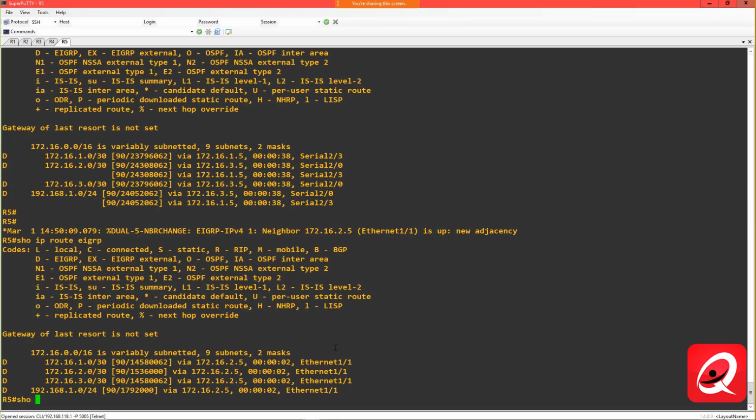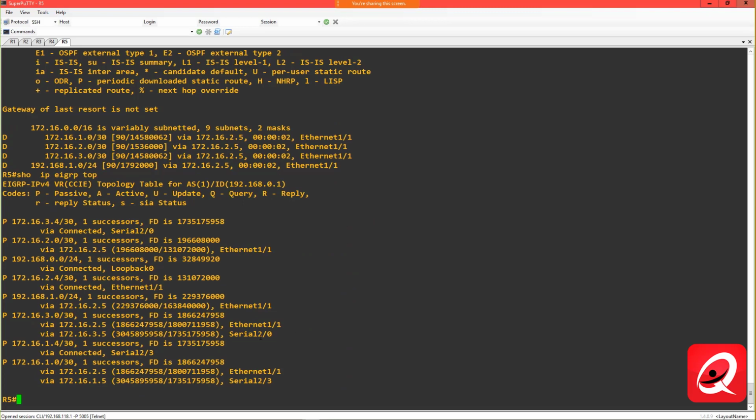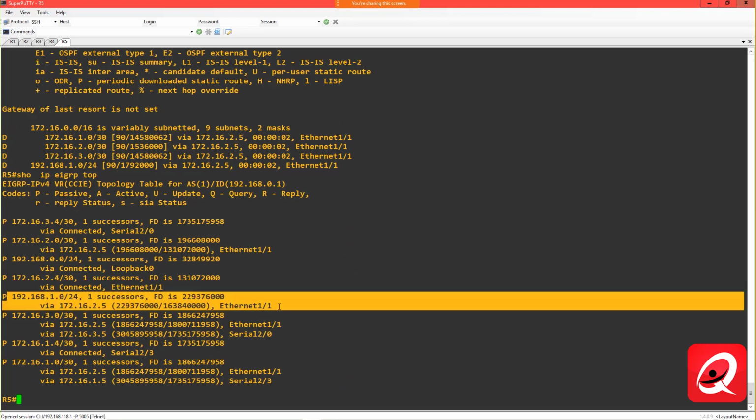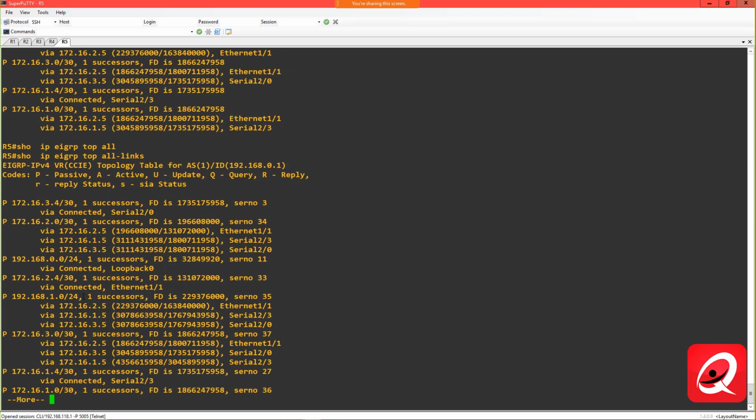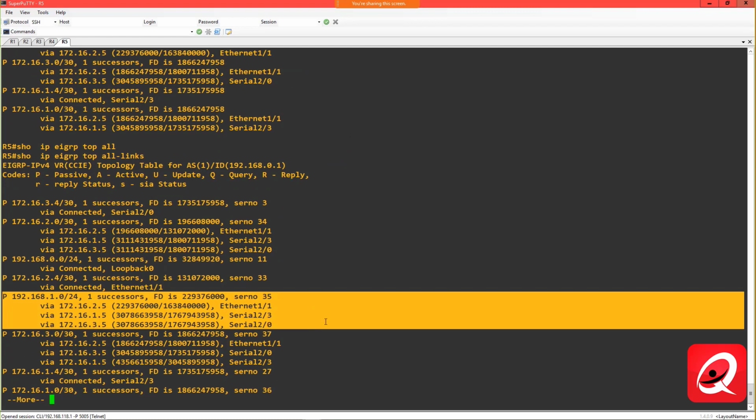So if I do a show ip eigrp topology, we can see that in this particular case, again, we don't have a feasible successor. Now, if I do all-links, I can see all three paths are available to reach that 192.168.1.0 subnet.